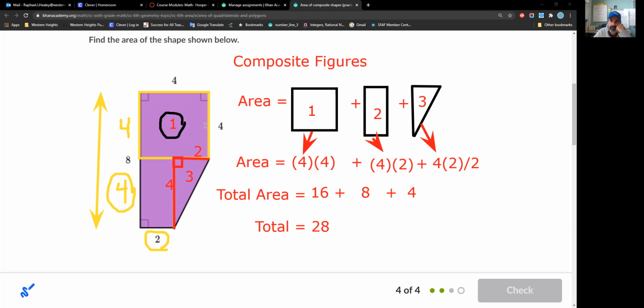That is the answer. I hope you understand what I'm showing you. So there you go. Just to really put this in perspective, let's retype.